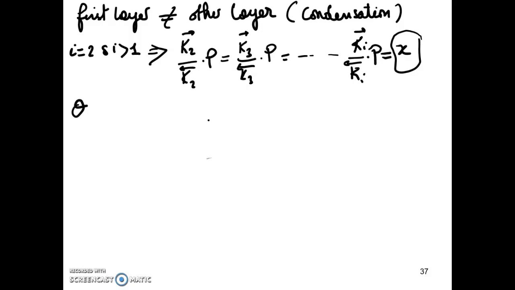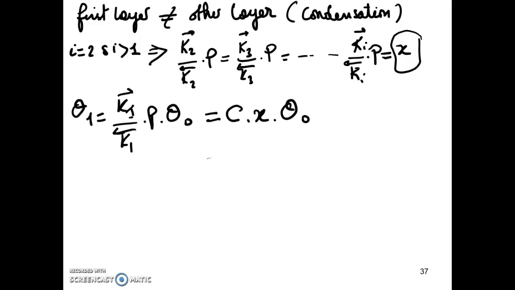For the first layer, we determined that theta 1 equals K1 adsorption over K1 desorption times P times theta 0. As we have the same gas molecules, somehow K1 adsorption over K1 desorption times P should be similar to x with a different specific factor, C. So this parameter is similar to the previous one.